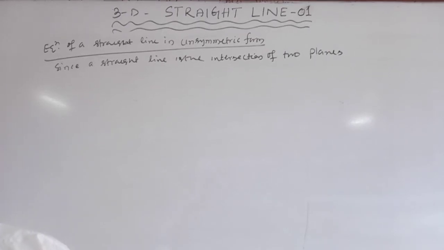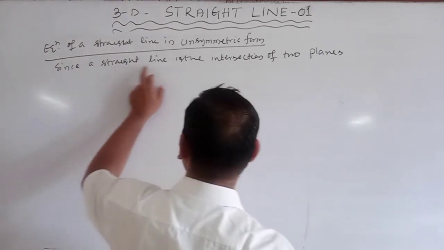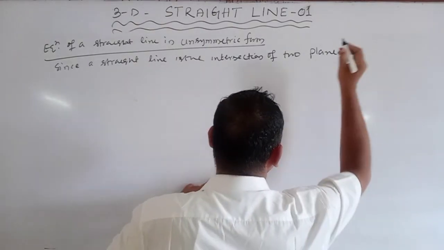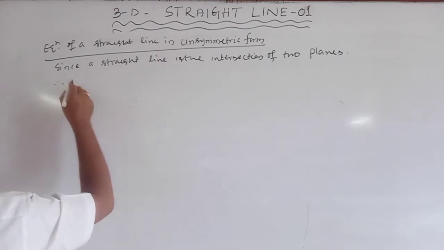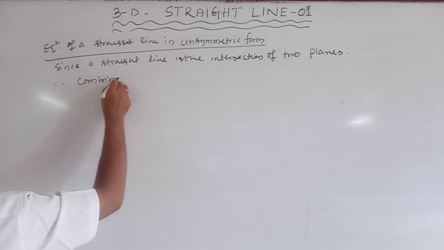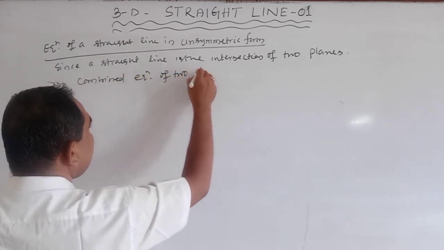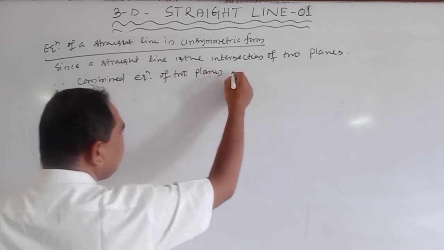Intersection of two planes. Therefore, the combined equation of two planes represents a straight line.